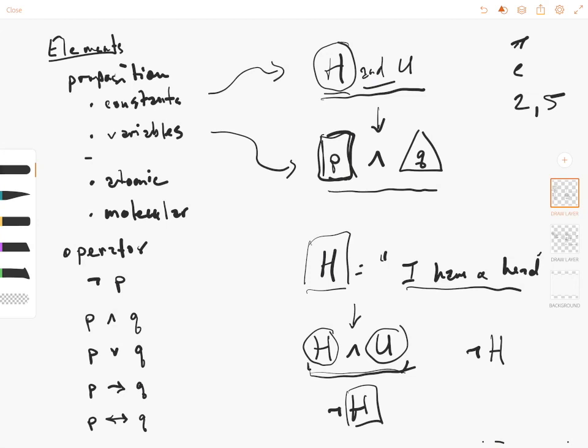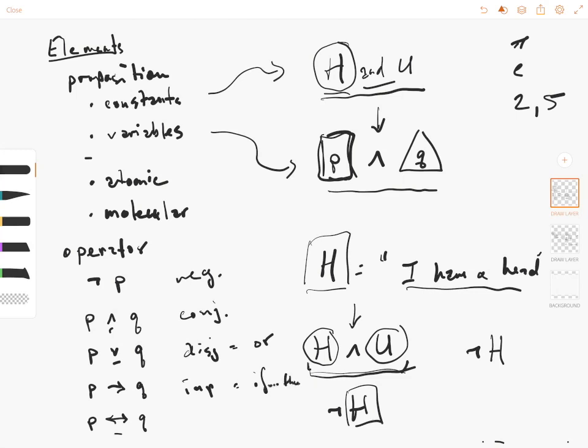So these 5 operators are negation. This one we've already introduced. It's conjunction. This is disjunction, which corresponds more or less to the English word or. We'll talk more about these in a moment. This is material implication. It corresponds more or less to if, then.